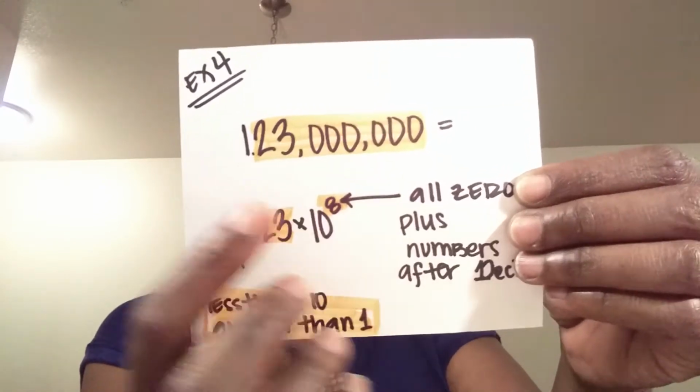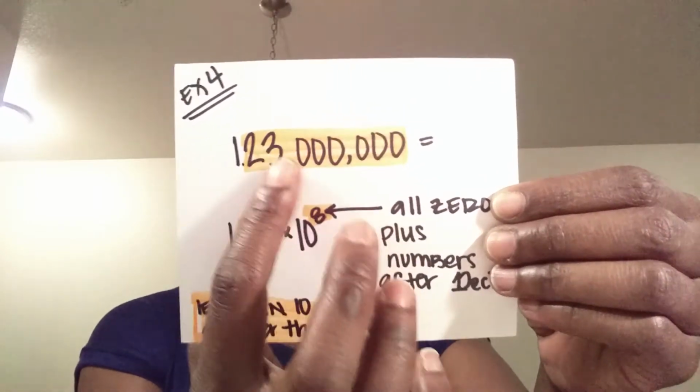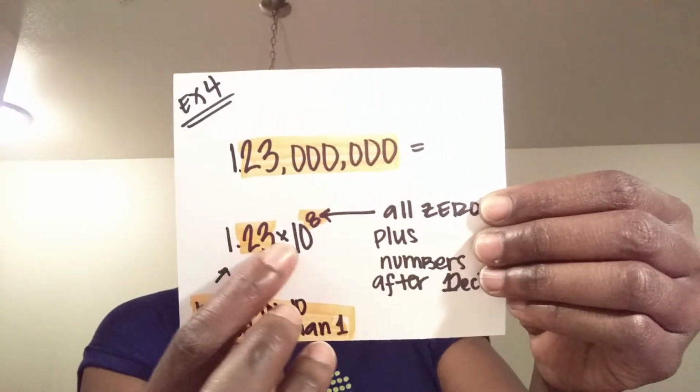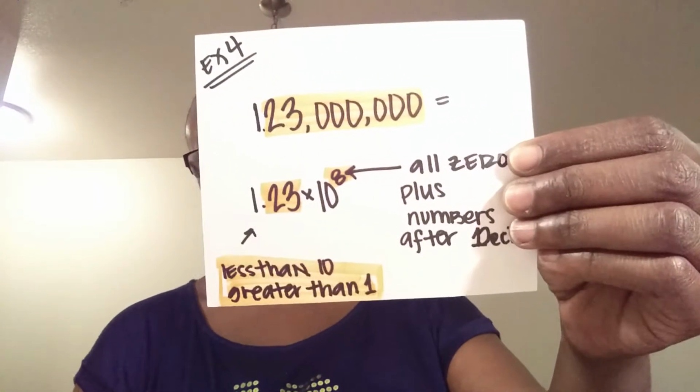The exponent's 8. 8 places after the decimal point, 6 zeros, including the 2 and the 3, makes it 8. And so what you'll basically want to do is find your coefficient that's always less than 10, greater than 1, and then multiply by base 10, and your exponent will include all numbers after the decimal.